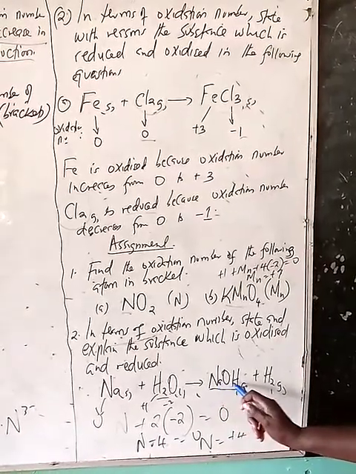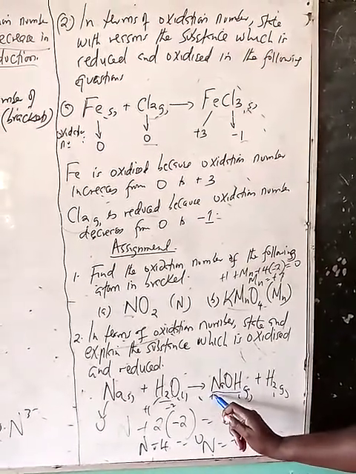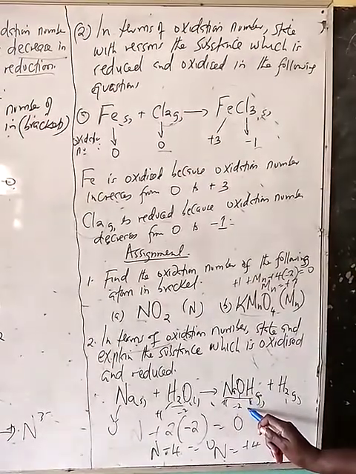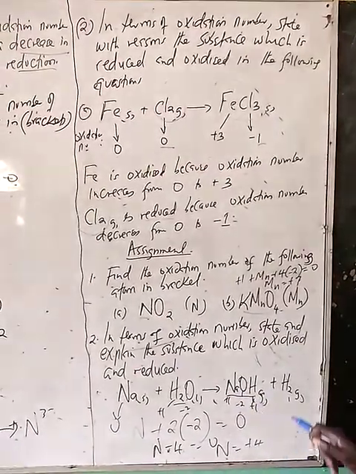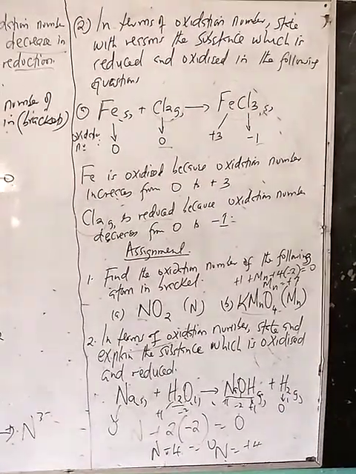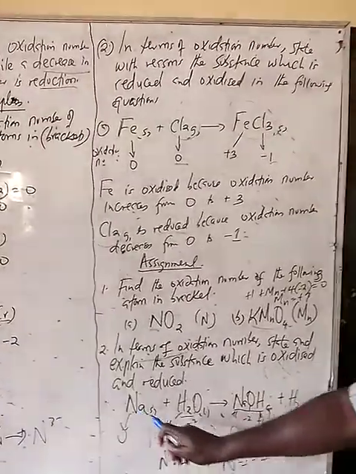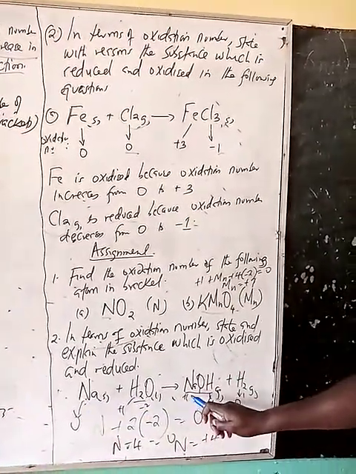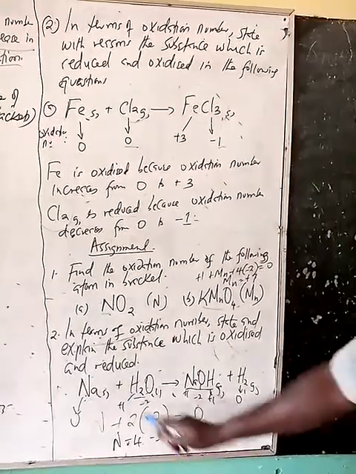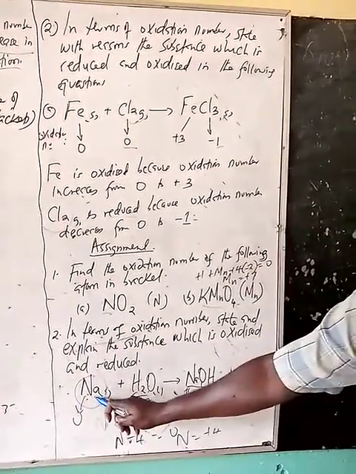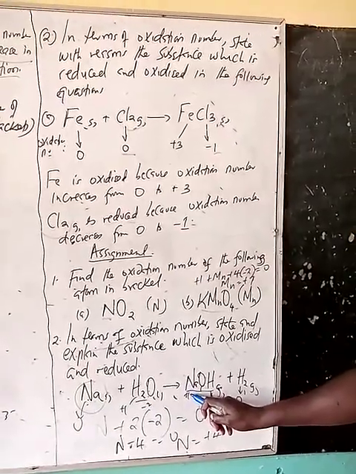Sodium here, because it's a compound, is positive 1, oxygen negative 2, hydrogen positive 1, and hydrogen gas 0. So you find that sodium, because the oxidation number increases from 0 to positive 1, is oxidized, because the oxidation number increases from 0 to positive 1.